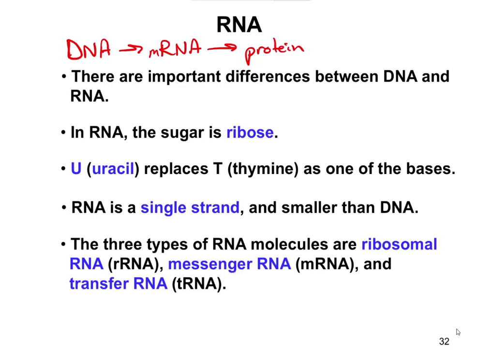So there are differences between DNA and RNA. The one we talked about in the earlier part of this chapter is that in RNA, the sugar is ribose instead of deoxyribose, right? So it would have an OH group on that second carbon of the sugar. The other thing we talked about earlier was that in RNA, you're going to have uracil instead of thymine as one of the bases.